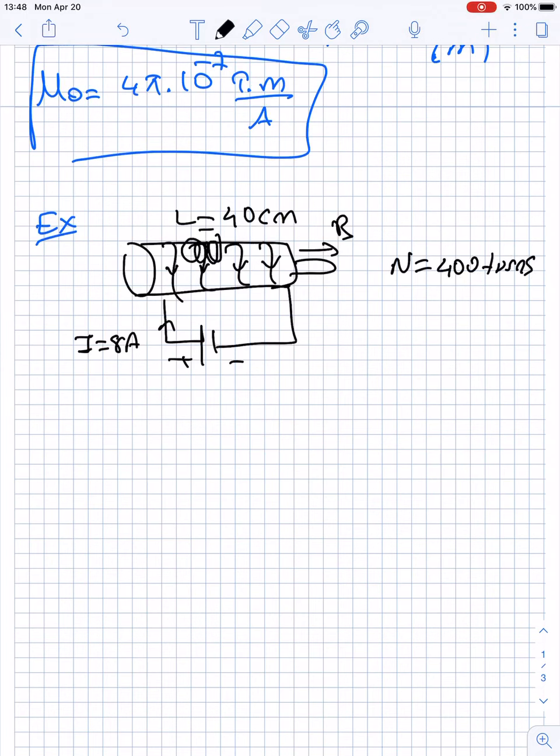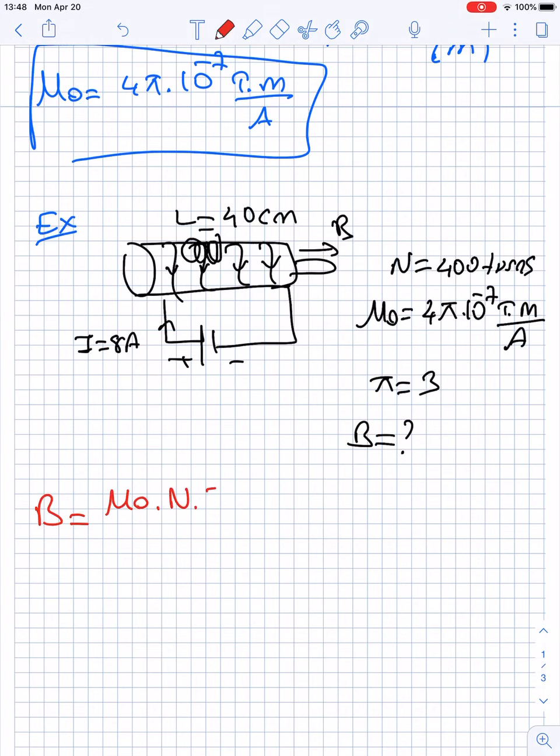N is 400 turns, and we know mu 0 is 4 pi times 10 to the power minus 7 tesla meter per ampere, and pi is always 3. Calculate the magnetic field of the solenoid. B is how much tesla? Our formula: B equals mu 0 multiplied by N multiplied by I over L. I put the information I know into the formula.